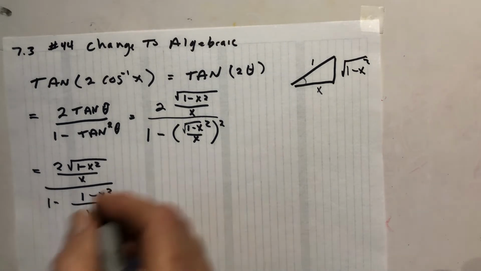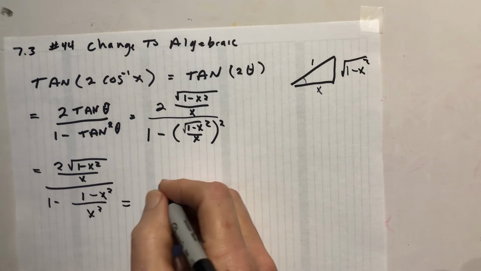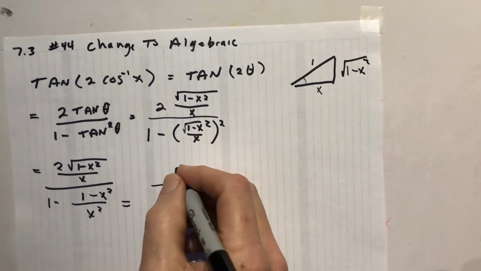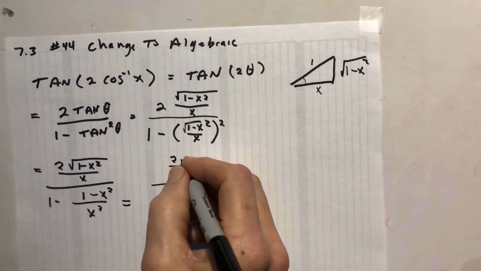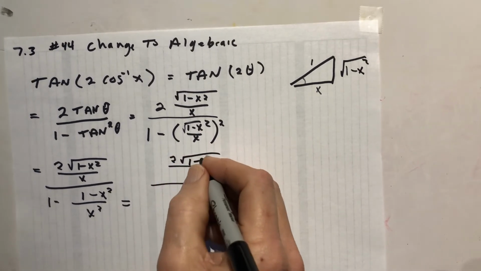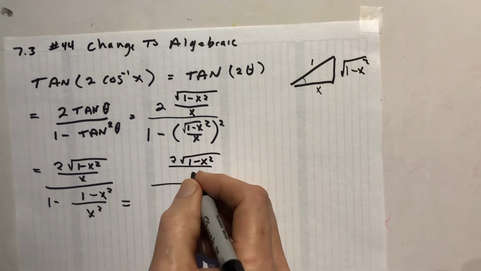I'm going to leave the top alone. Two radical 1 minus x squared over x.